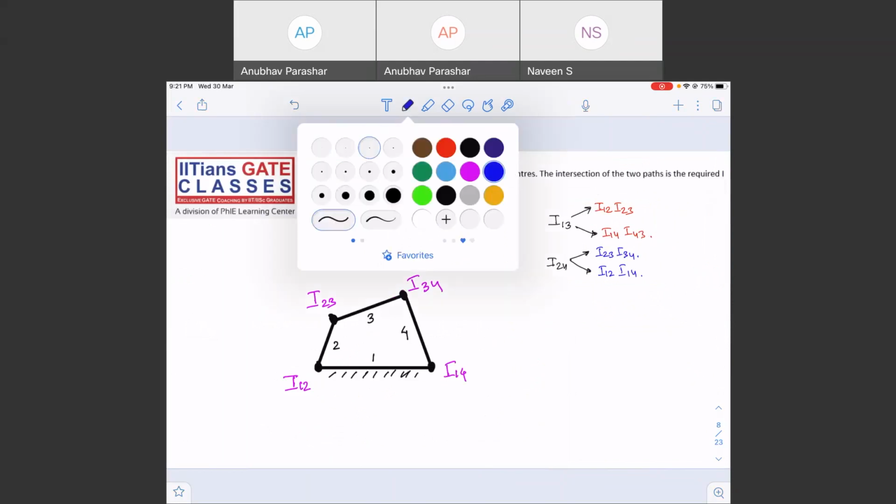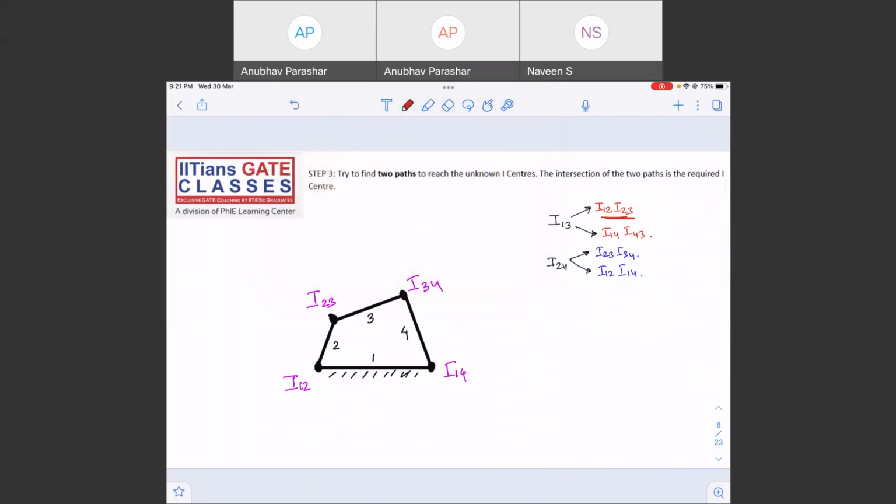I1 2 and I2 3: this is the line 1 2, 2 3.